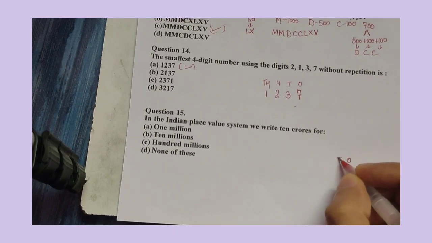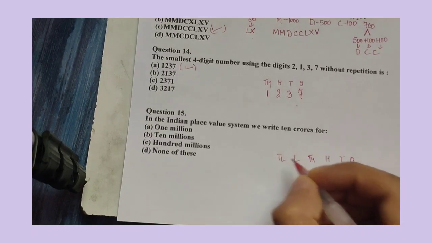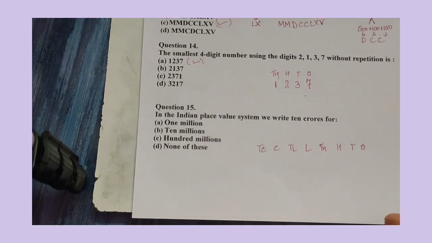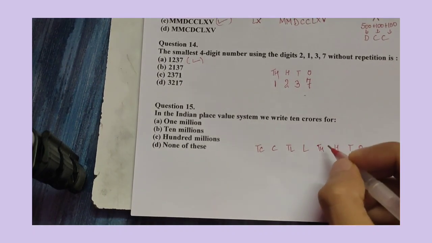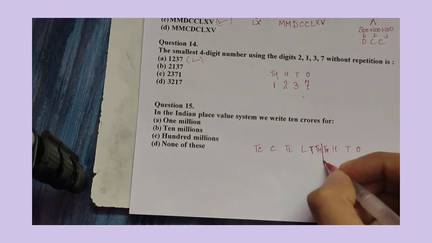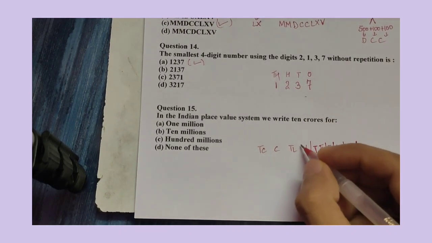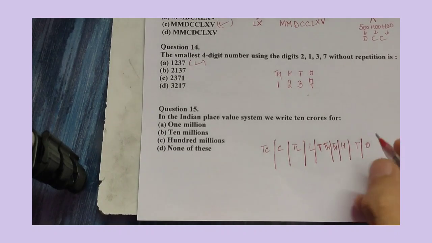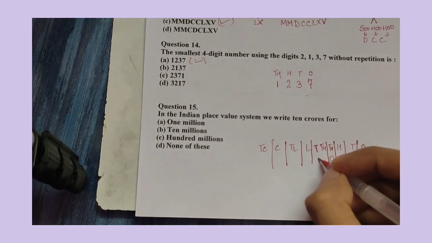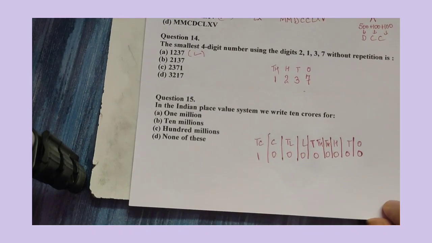Ones, tens, 100, 1000, 10,000, lakhs, 10 lakh, crore, and 10 crore ends up here. Let me put this down so it will be easier to identify the system. Now 0, 0, 0, 0, 0, 0, 0, 0 and the 1. So this is how 10 crore is written.